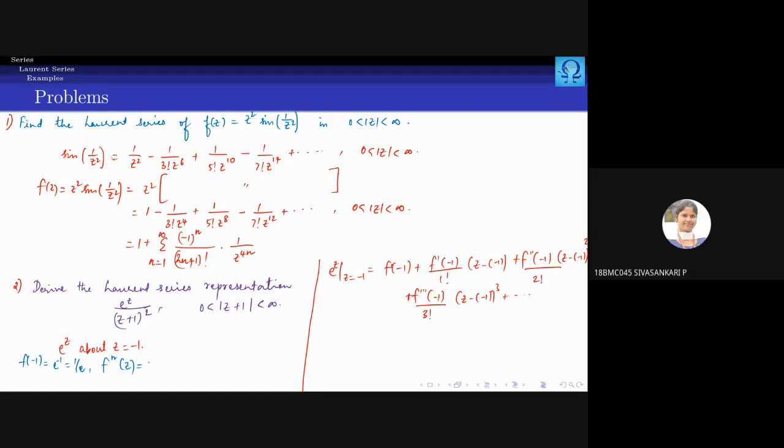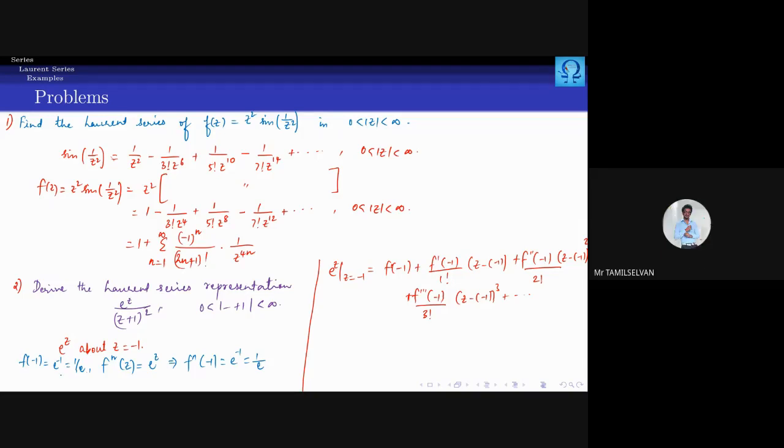I'm just asking what is the nth derivative of the given function. Only that e power z. E power z, sir. So this tells us that the nth derivative at -1 is simply e to the power -1, which is 1 upon e. This is true for all the values of n. Do you guys agree? Yes, sir.